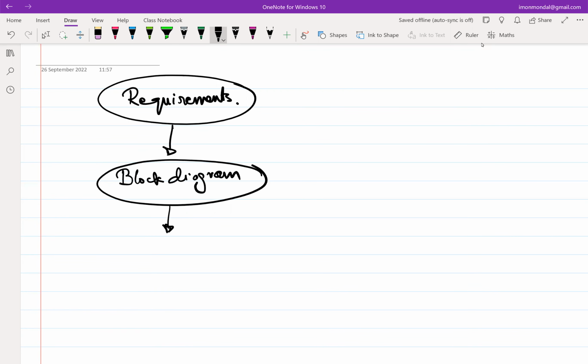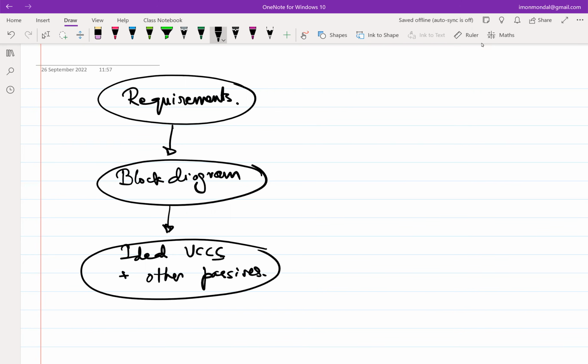So essentially, you have to replace the block diagram with an ideal VCCS plus other passives. Right? So you try to realize your block diagram using this.